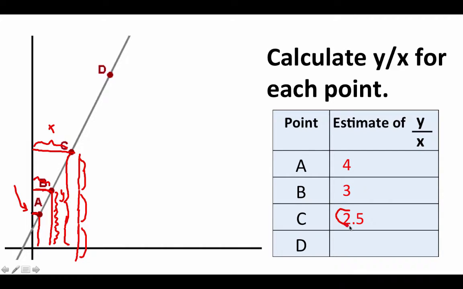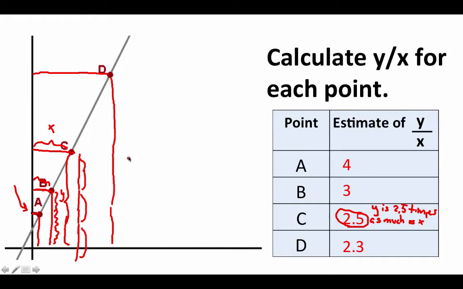Y over x is about 2.5. And what does this mean again? Remember, this means that y is 2.5 times as much as x. Okay, and then finally D, this is about 2.3 times, y being this vertical line, is about 2.3 times as large as the size of x.